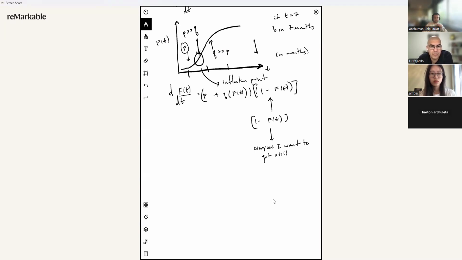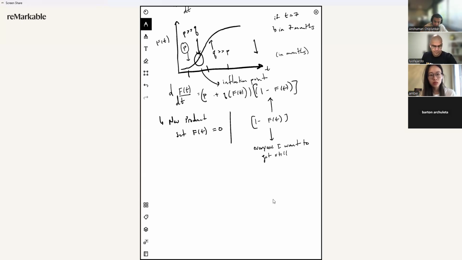Now, what this means mathematically is, when we're starting out and we have captured 0 people in the market, so this is a new product, for a new product we set F(t) equal to 0 because we haven't sold anything yet.